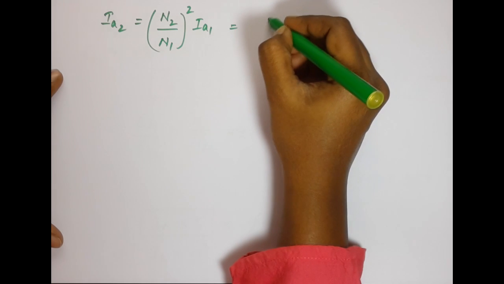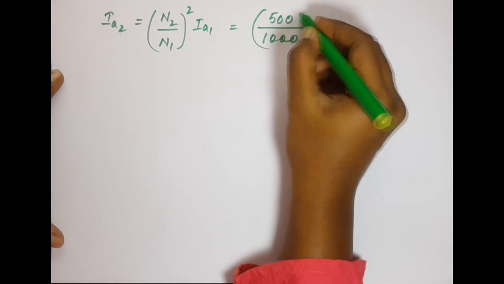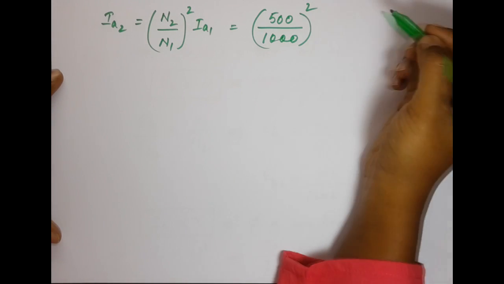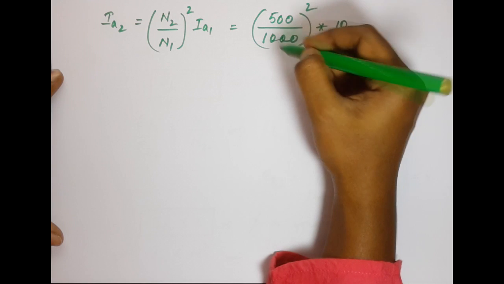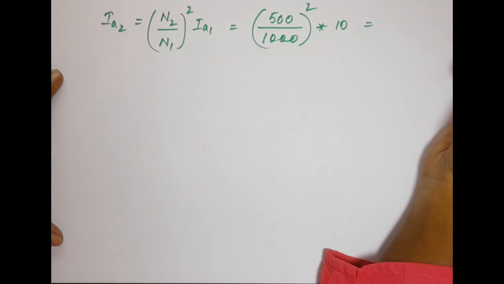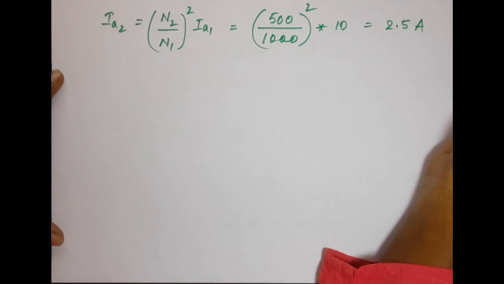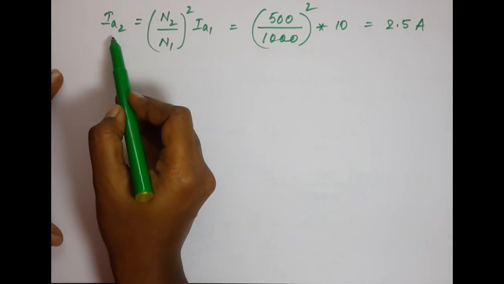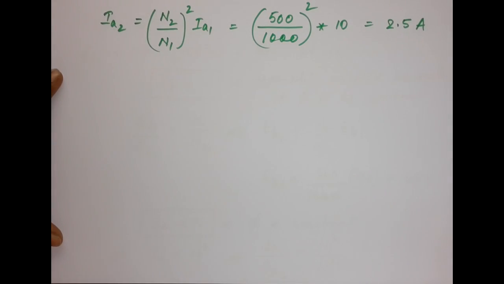Let's substitute the values. 500 divided by 1000 whole square into IA1. The value is 10. Solving this, you should get a value of 2.5 amps. Now we have the value of IA2 to be 2.5 amps.